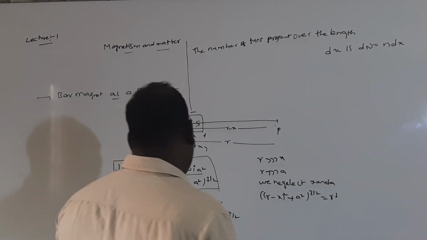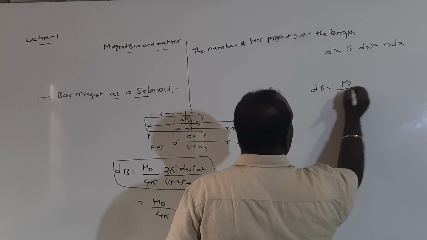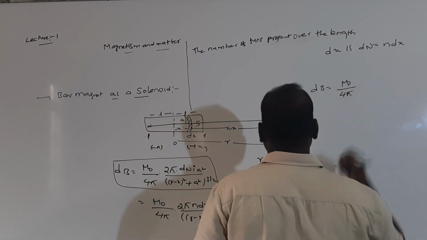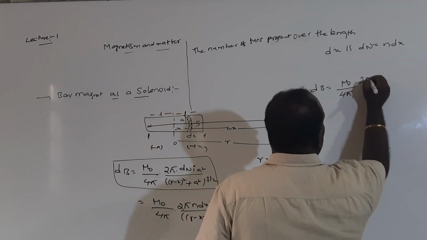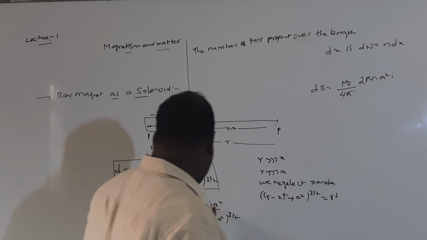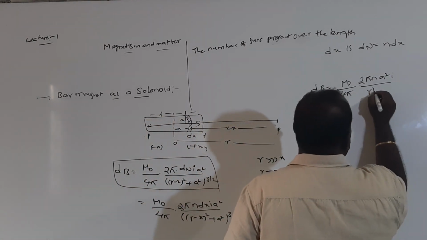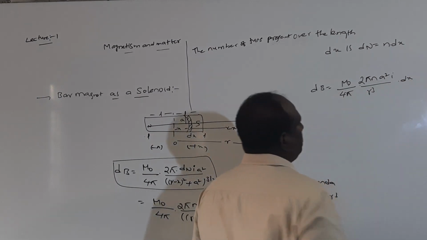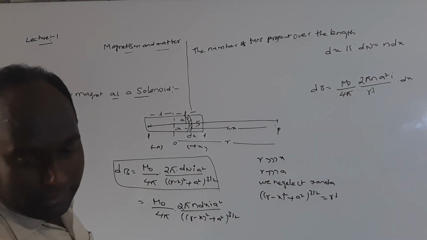Then dB is equal to mu naught by 4 pi, 2 pi n A square I by R cube into dx. I took all the constants outside. Then finally this is the thing we are getting.